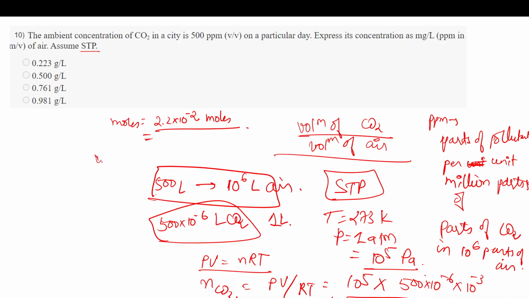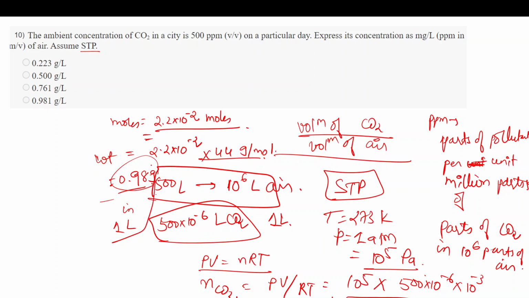Okay, so weight equals 2.2 into 10 to the power minus 2 into 44, which is gram per mole. Okay, so this will give you gram, which is around 0.98 grams. So this much gram is present in 1 liter. Okay, so in gram per liter it is 0.981 gram present in 1 liter of air. Okay, so this is the calculation.